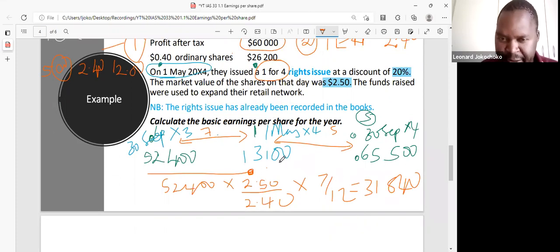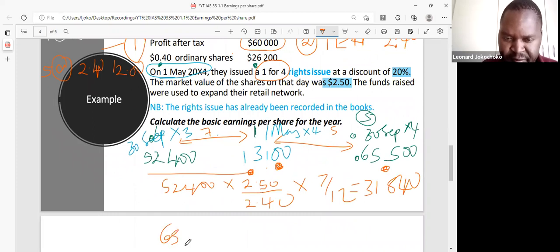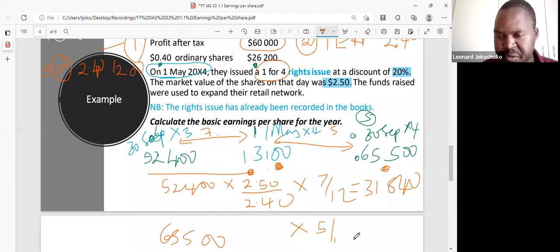Please note that after the rights issue, the company now has 65,500 shares. These ones operated for 5 months out of the 12 months. It's important to remember that these shares do not get an adjustment for the bonus issue.